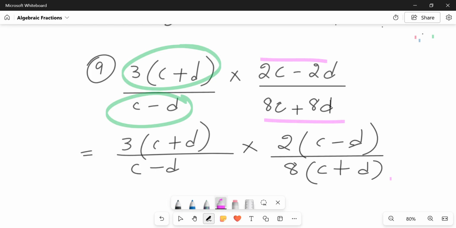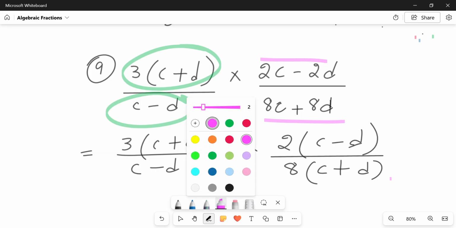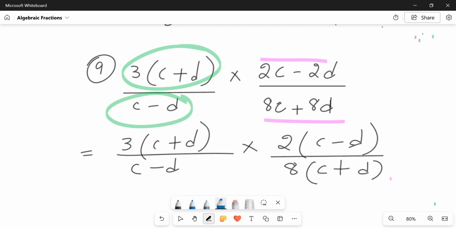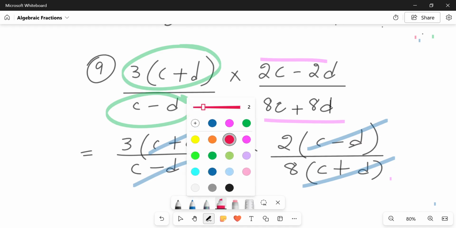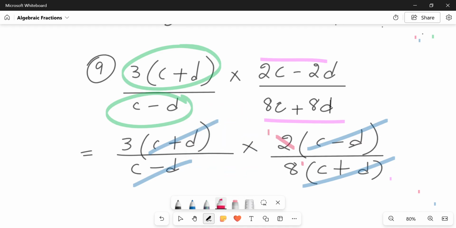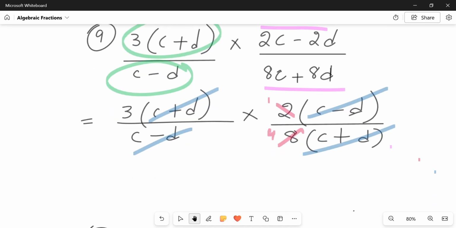Now cancel them, okay? Let me take another color. Blue. Okay, same. C plus D cancel. C minus D cancel. And even 2 times 1, 2 times 4. That's it.